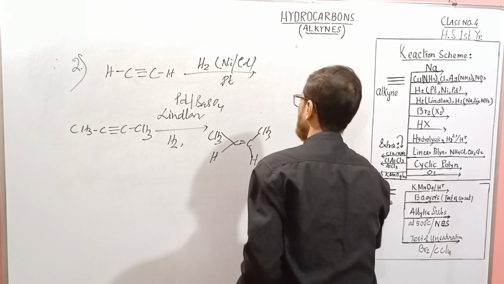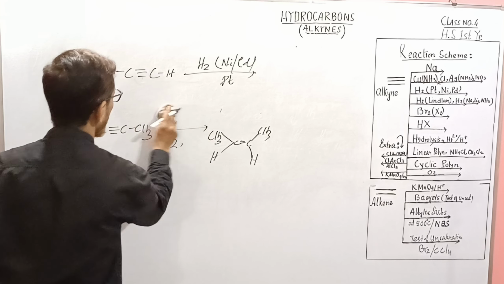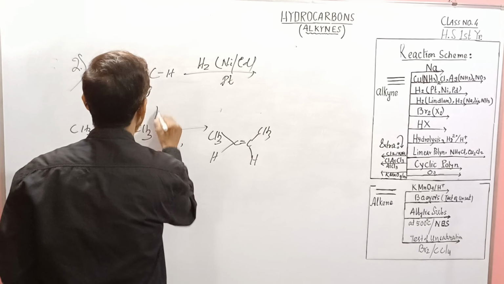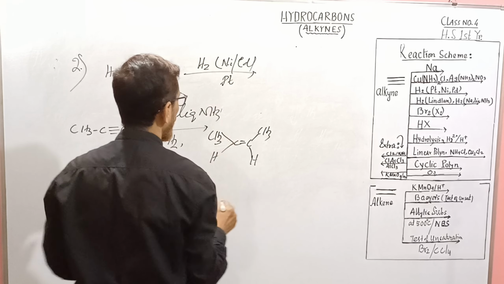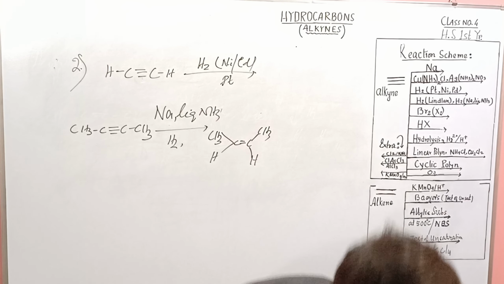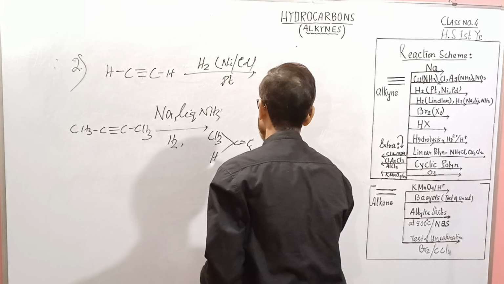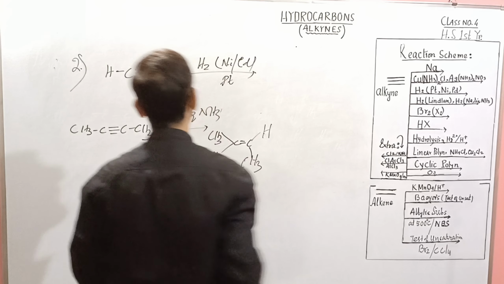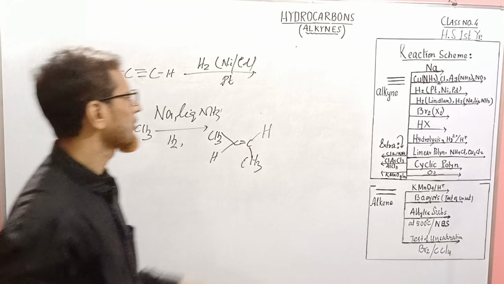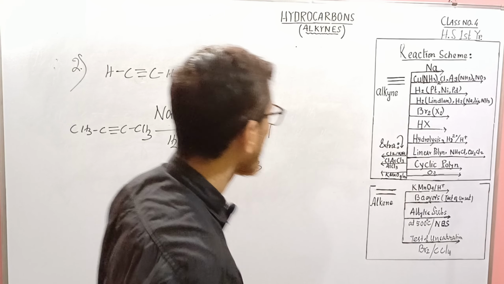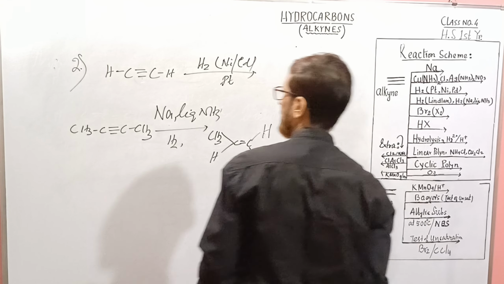If you use sodium over liquid ammonia, the answer is trans-alkene, trans-butene-2. That reaction was Birch reduction. Again, it is another type of addition reaction of alkyne. So Lindlar we have done.